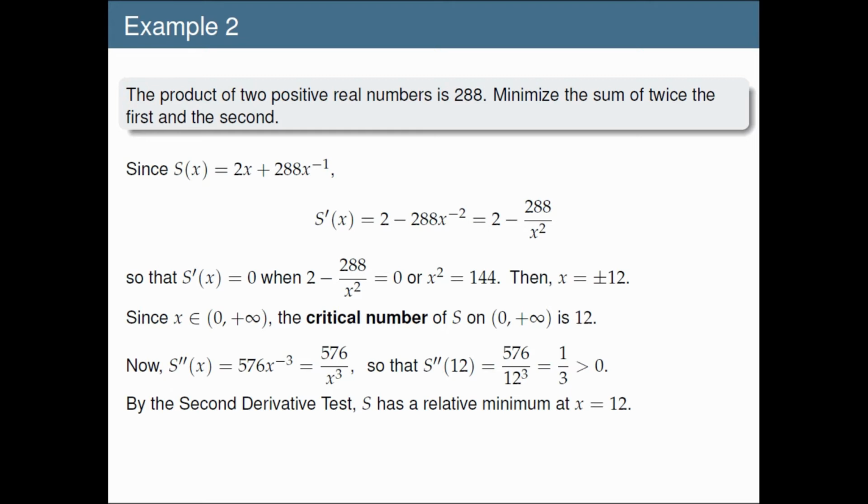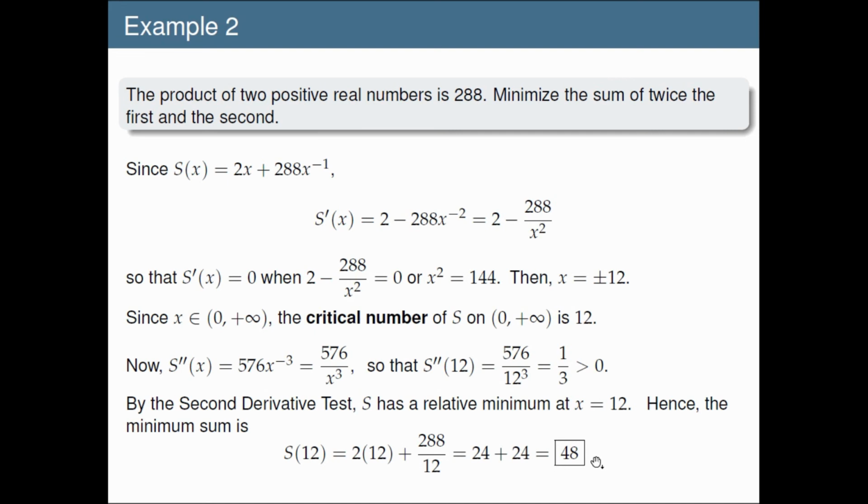So the minimum value of the sum is the value of s when x equals 12 or s of 12. Substitute x equals 12 dito. We have 2 times 12 plus 288 over 12. 2 times 12 is 24. 288 over 12 is 24. So, the minimum value of the sum is 48.